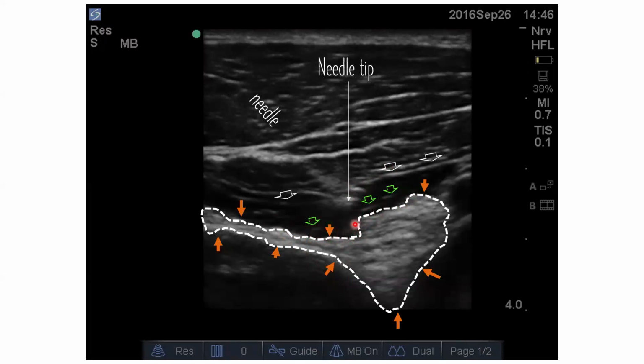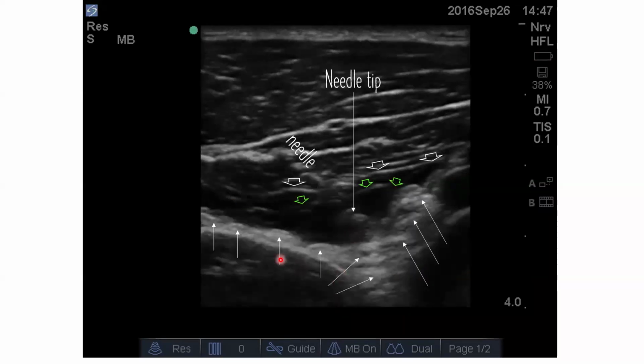We have seen this in the supraclavicular, in popliteal, and now of course in the costoclavicular area as well, that there are numerous fascial sleeves which are elevated as you start injecting local anesthetic in the circumneural area.